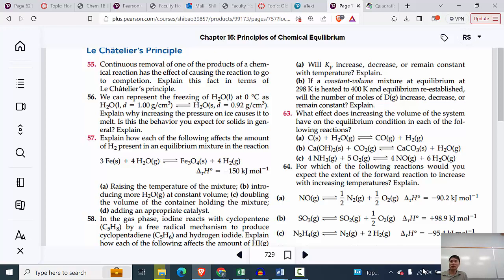But if you only increase one, you're going to make one side more active. If you increase the pressure at a fixed volume, then you're increasing the concentration of that, which is one way of thinking about it. But basically, it's the activity, and so that's going to drive the reaction more one way or the other.